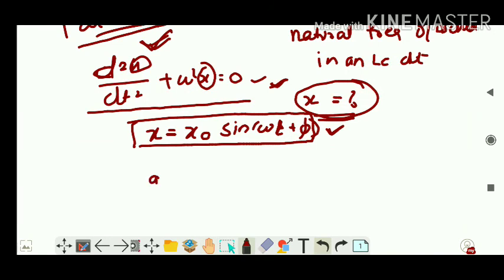So what can I write for q when compared with this equation? It will be q is equal to q naught sine omega t plus phi.